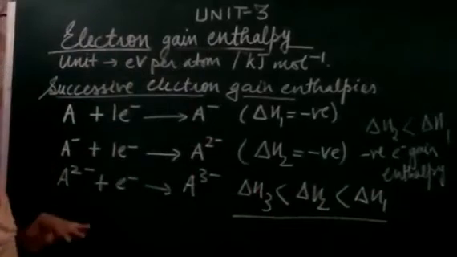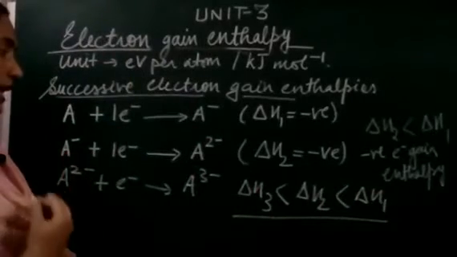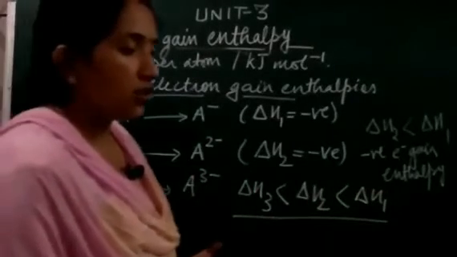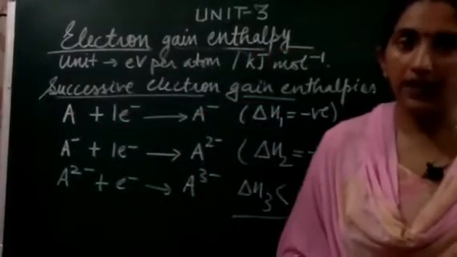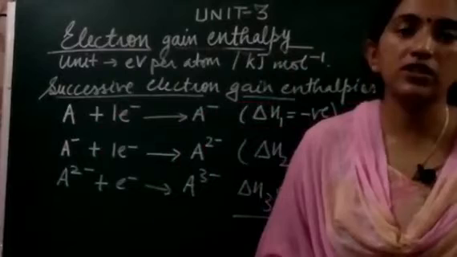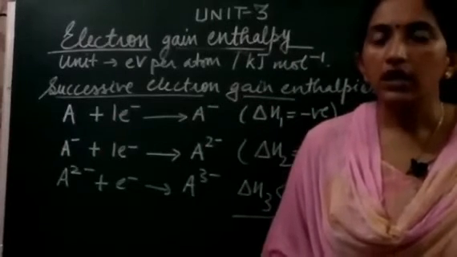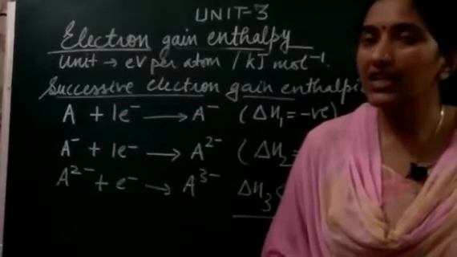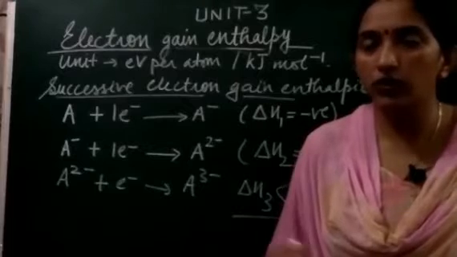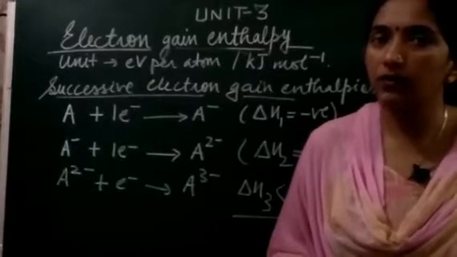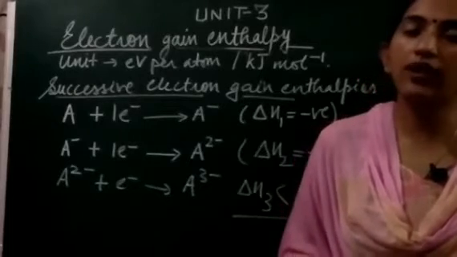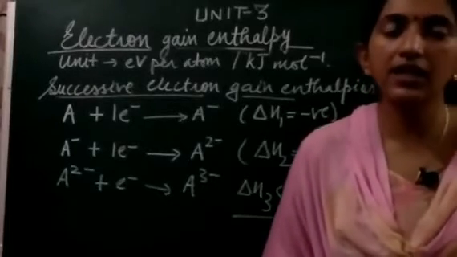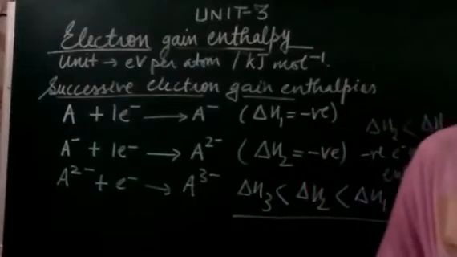Hence, we can conclude that with the addition of an electron to the neutral atom, a negatively charged species is formed, which is not going to readily accept the electron that will be added next, and hence the magnitude of negative electron gain enthalpy is going to decrease.